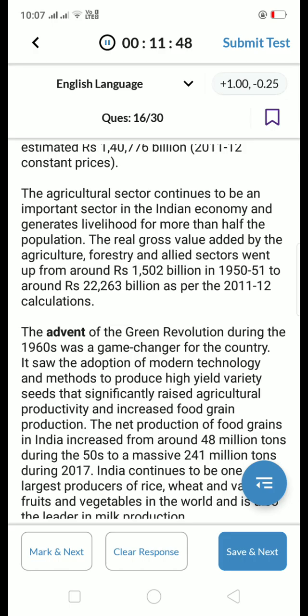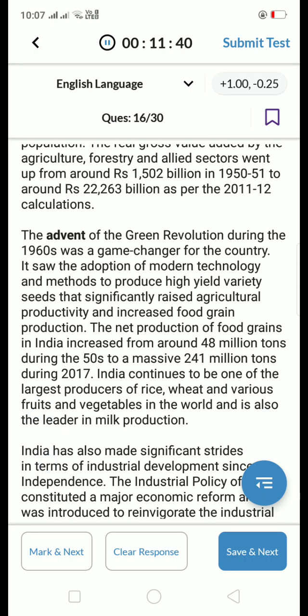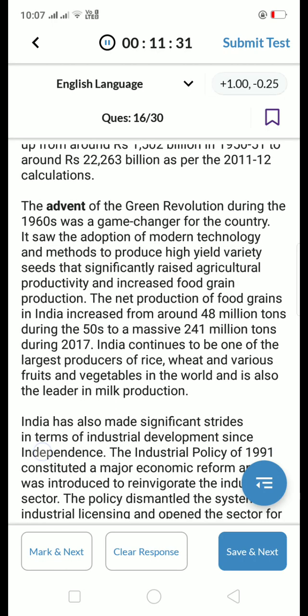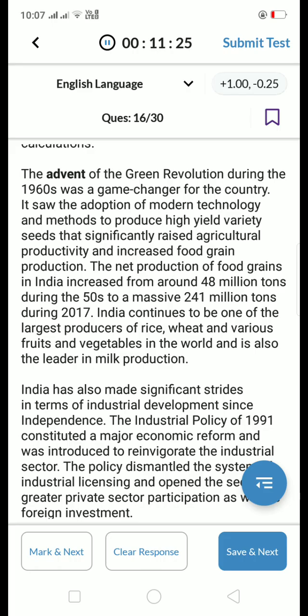It saw the adoption of modern technology and methods to produce high-yield variety seeds that significantly raised agricultural productivity and increased food grain production. The net production of food grain in India increased from around 48 million tons during the 50s to a massive 240 million tons during 17. India continues to be one of the largest producers of rice, wheat and various fruits and vegetables in the world, and is also the leader in milk production.